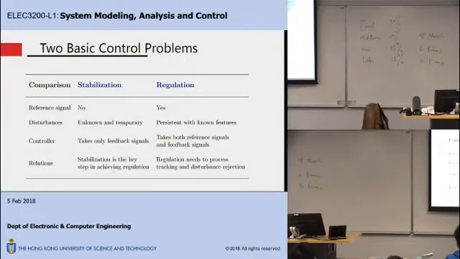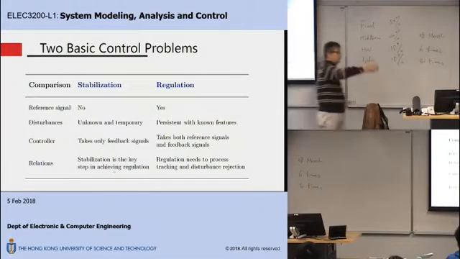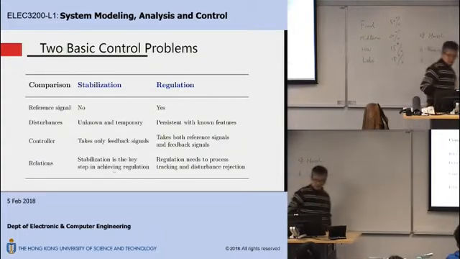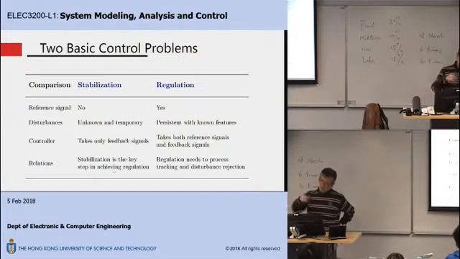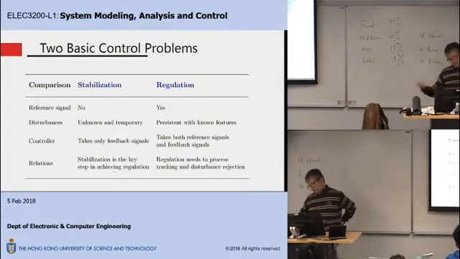In order to solve a regulation problem, you need to first solve the stabilization problem. So the regulation problem can be considered as a further step of the stabilization problem. Without stabilization, you cannot do regulation well. You can see at least in the regulation problem, if you set the reference signal to be 0, or the command is 0, then that's essentially a stabilization problem.